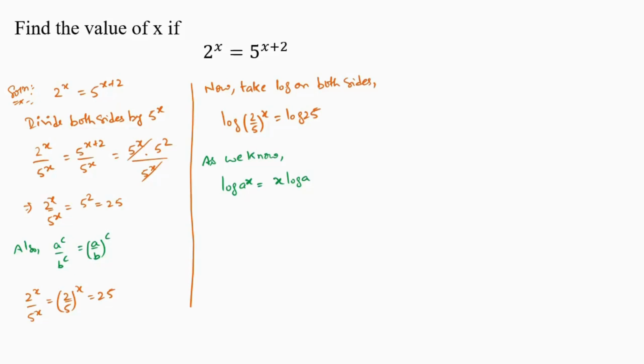So in our problem x times log 2 by 5 equals log 25.